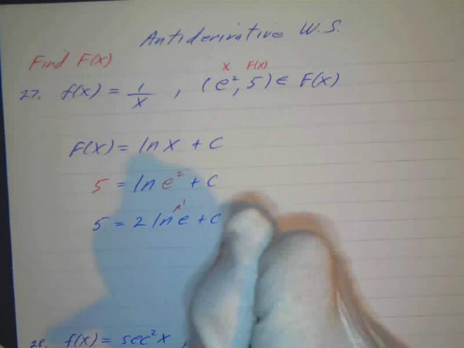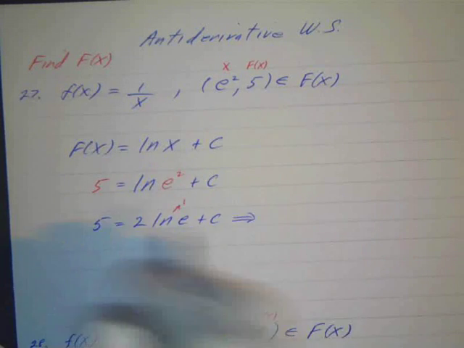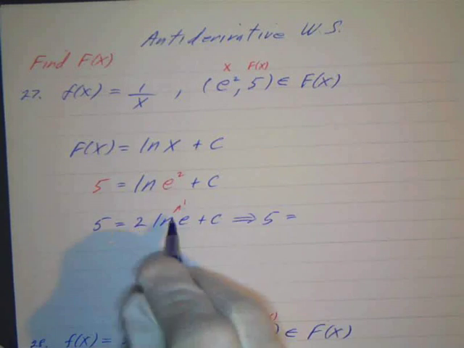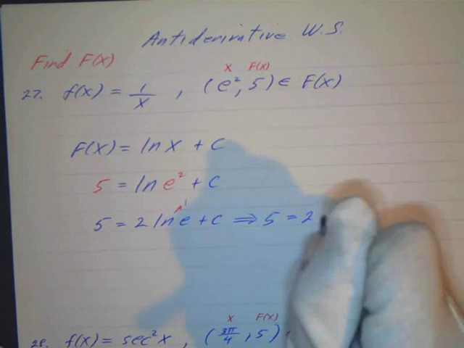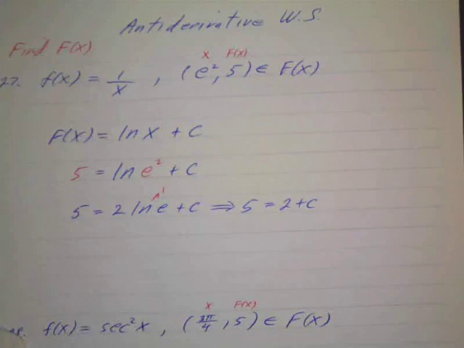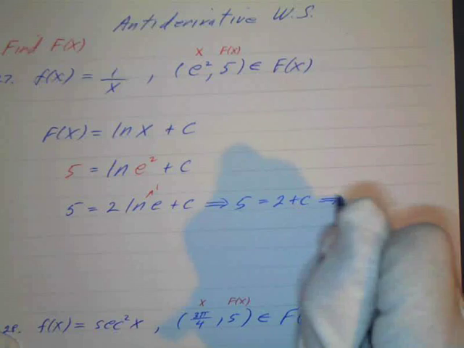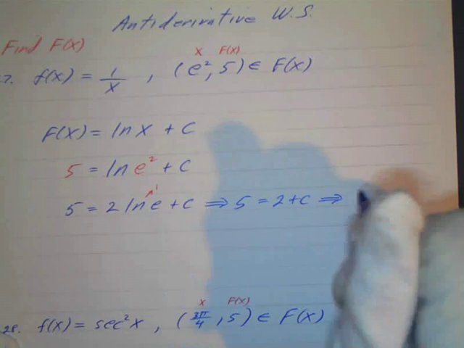So that actually implies that 5 equals 2 times 1, which is 2, plus c. And then if I subtract 2 from both sides, that will imply that 3 equals c.